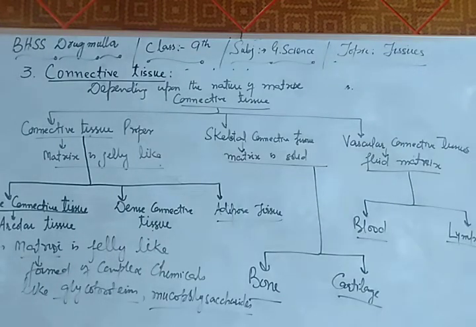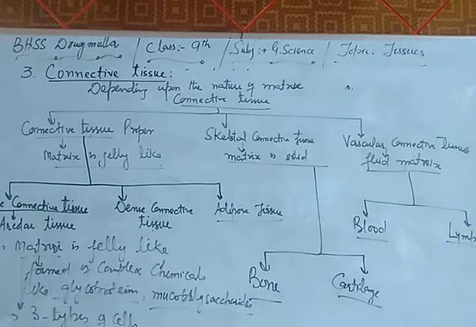And it is also formed of three types of fibers. This matrix possesses three types of fibers. These fibers are of three types. First is the white collagen fibers.